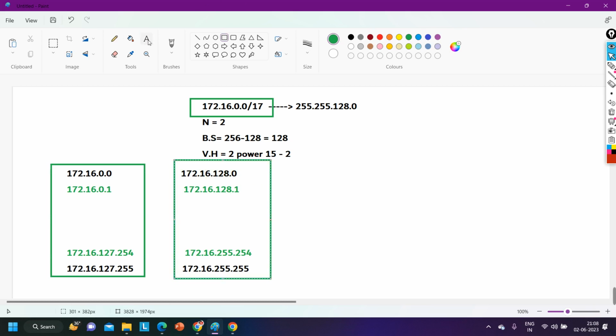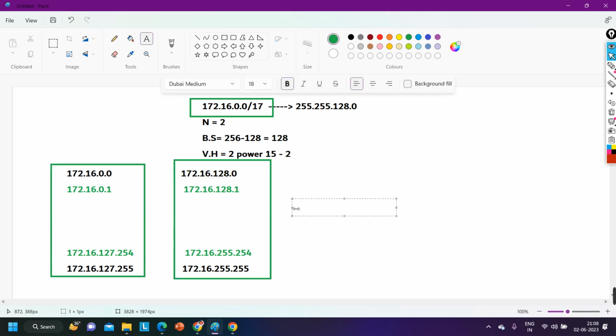So this is nothing but your FLSM. What we call it? FLSM, fixed length subnet masking.